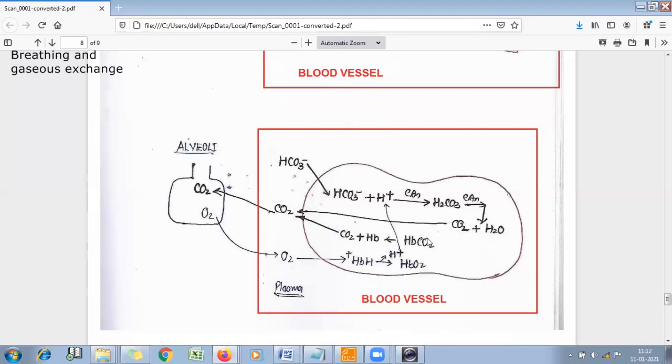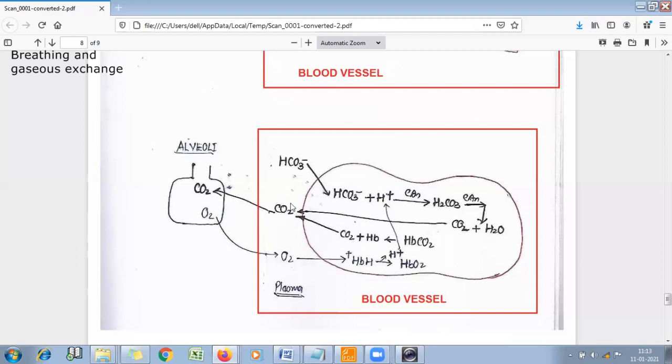In our previous heading we have seen how hemoglobin binds with carbon dioxide, and how it loses carbon dioxide. So around 70% of this carbon dioxide has been transported as carbonic ion, and around 20% has been transported with hemoglobin.